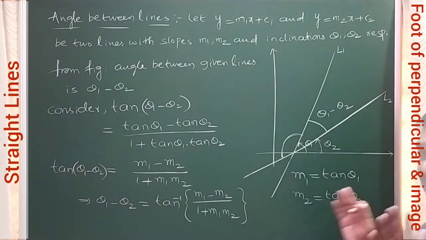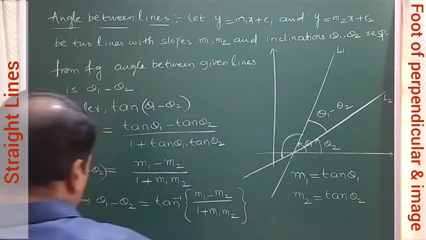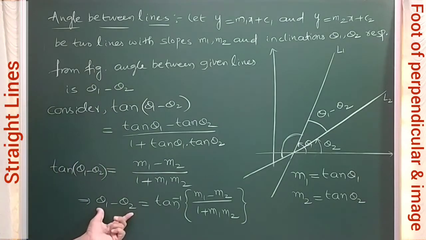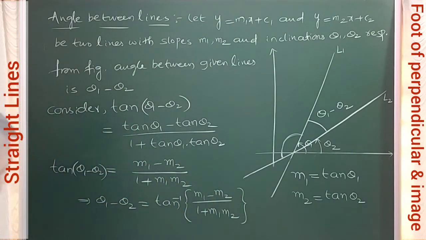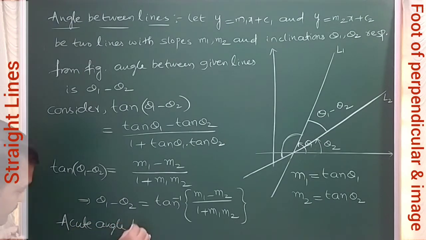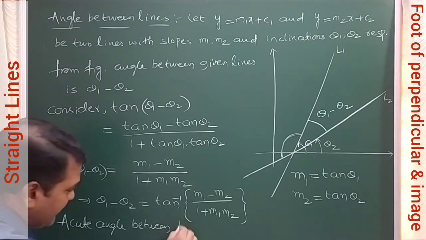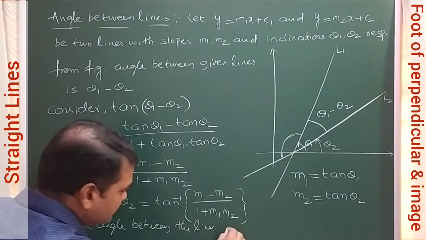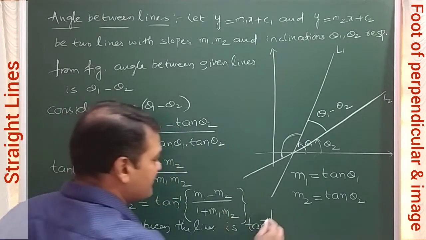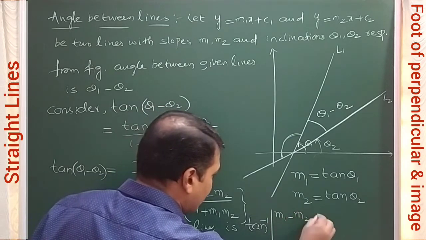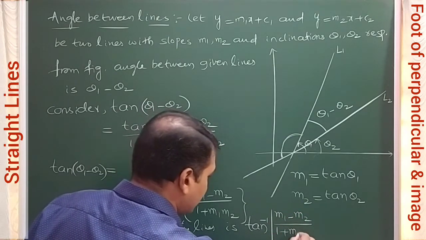So when you want the acute angle between the lines, this must be taken positive, that means this total value must be positive. Hence we can write that the acute angle between the given lines is tan inverse of modulus of m1 minus m2 by 1 plus m1 m2.